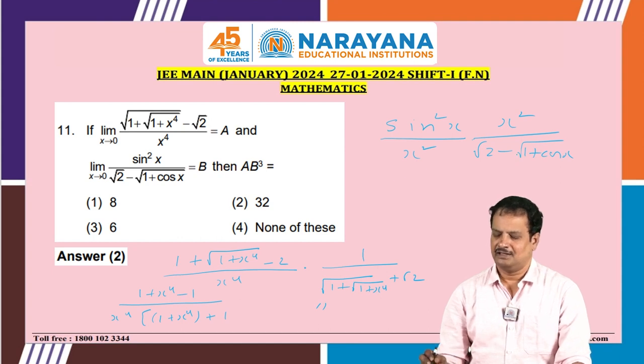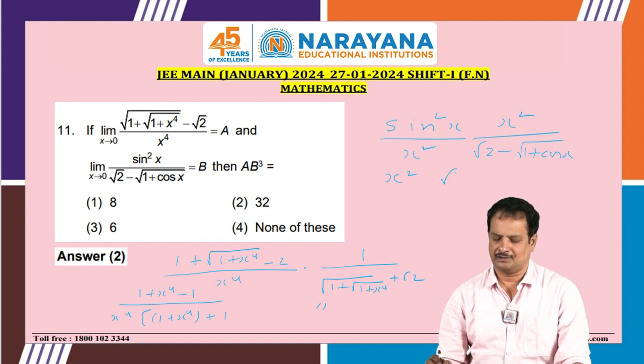What I mean is, if you rationalize this one, you can find out the limit value for this, because this is already 1. So there we are going to have x square into root 2 plus root over 1 plus cos x by 2 minus of 1 plus cos x.